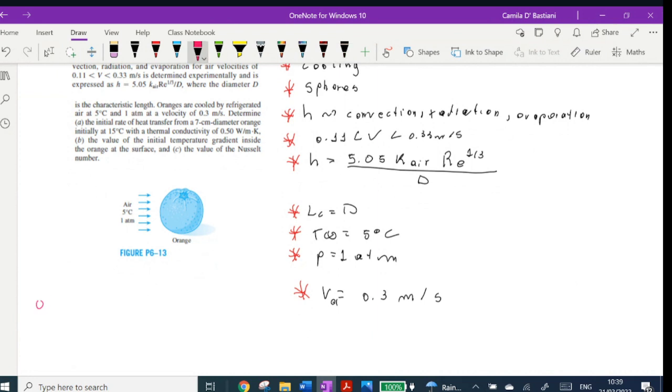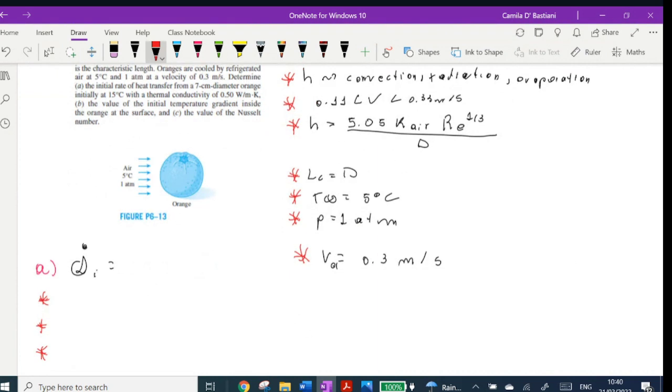Determine letter A, the initial rate of heat transfer. What is the rate of heat transfer, the Q initial, so at the beginning of the process. The orange has a diameter of 7 centimeters, initially at a temperature of 15 degrees Celsius.